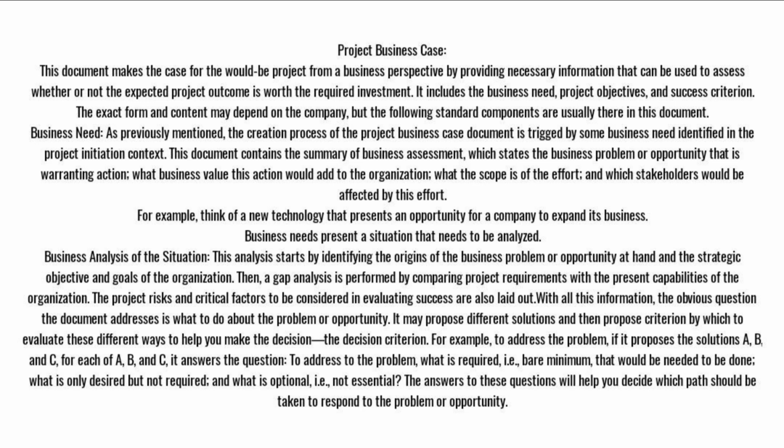With all this information, the obvious question the document addresses is what to do about the problem or opportunity. It may propose different solutions and then propose criteria by which to evaluate these different ways to help you make the decision.